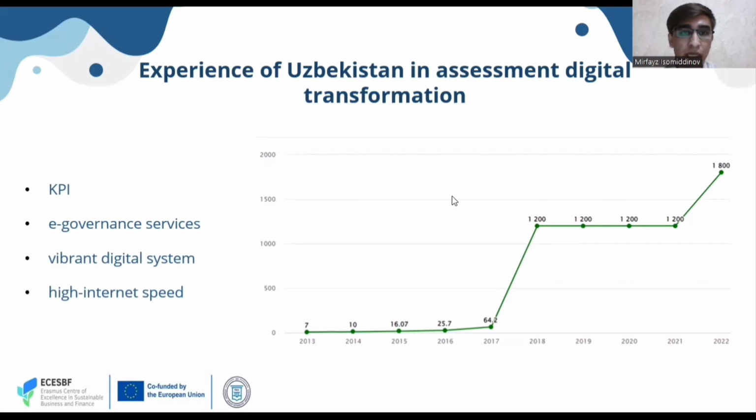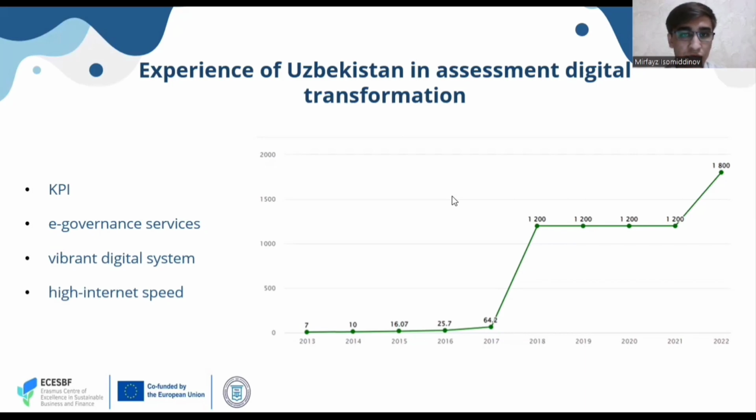The KPIs cover a range of areas related to digital transformation, including infrastructure development, government services, digital literacy, and the development of a digital ecosystem. The assessment framework is designed to be flexible and adaptive, allowing it to be customized to the specific needs and goals of different government agencies and initiatives.